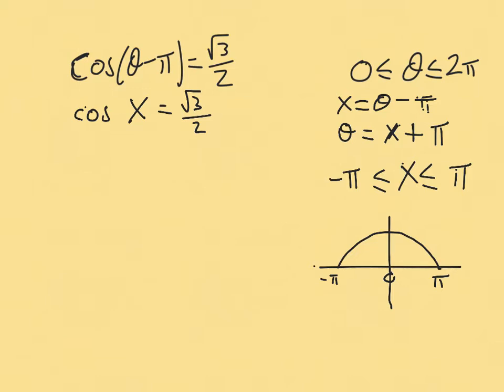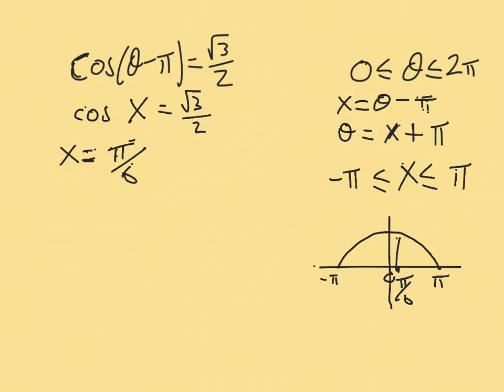So let's have a look at that. Well, what's our principal solution? Our principal solution is pi over 6, which is here. Think about the symmetry there.